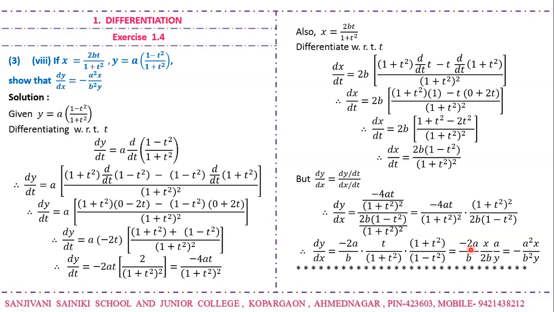So what we got? Minus 2a upon b into x upon 2b into a upon y. So this a and this a is a square. So minus 2a square x and 2b square y. This 2 will cancel and you will get minus a square x upon b square y.